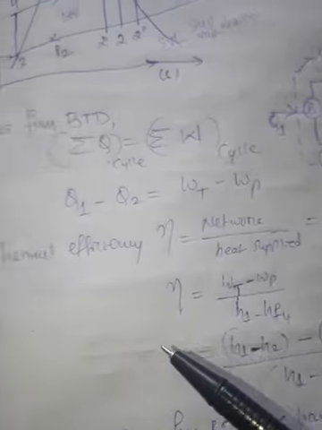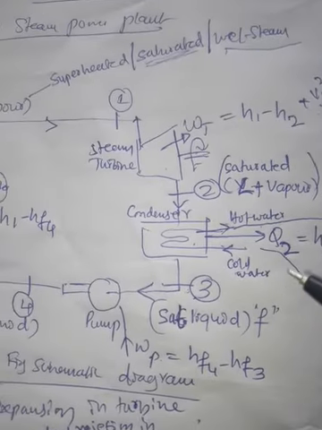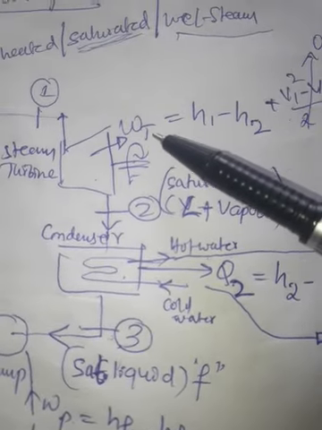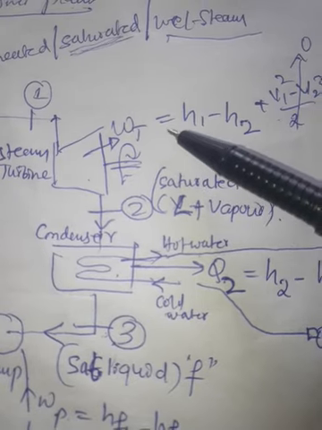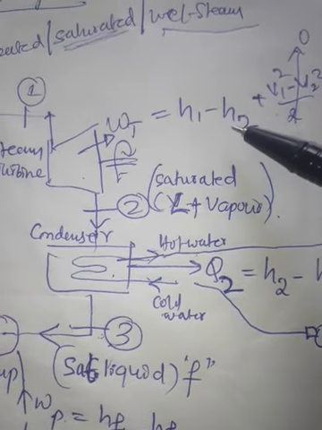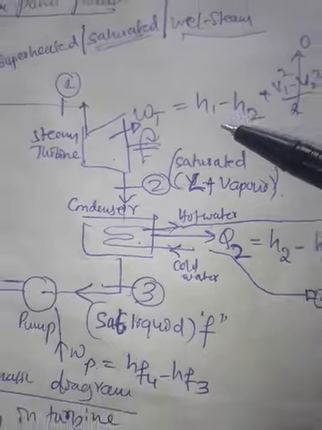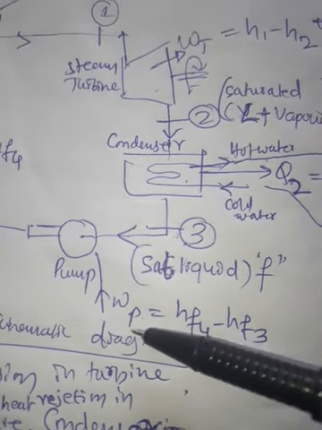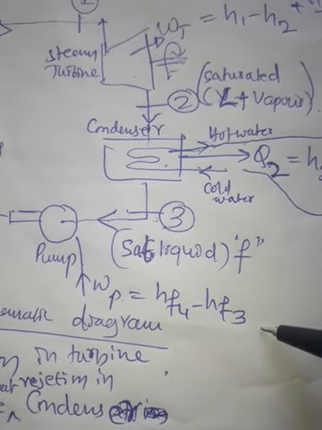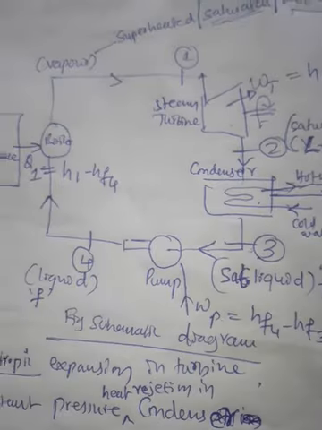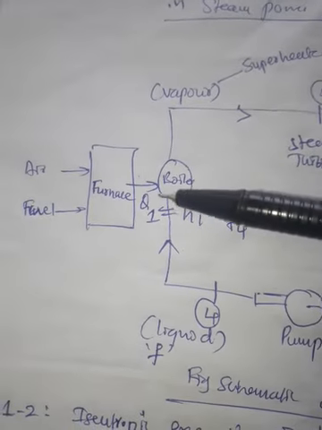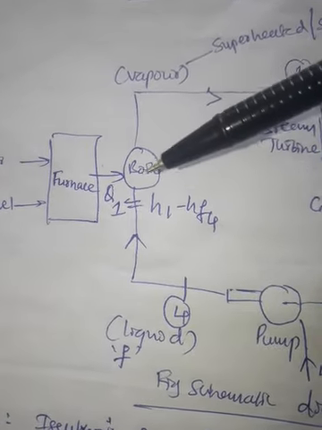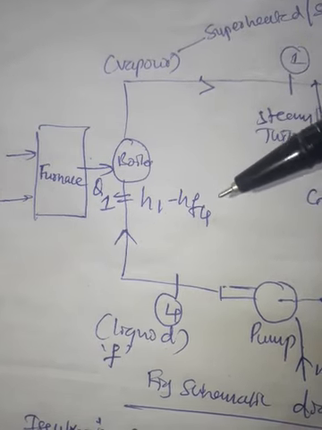Let's have a quick review on those formulae. Wt was discussed as H1 minus H2, and Wp, that is pump work, was discussed as HF4 minus HF3, and heat supply in the boiler from the furnace, Q1, was discussed as H1 minus HF4.